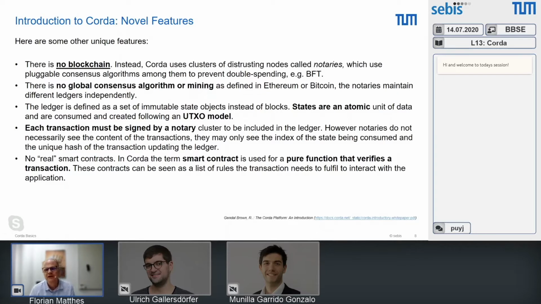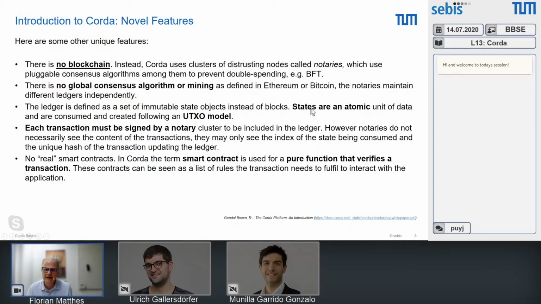So you can work with the current state of the system, which is the unspent transaction output in the Bitcoin model. And what's also important is that these states are atomic. You don't have a fragmented state; the state object captures everything that is relevant for these interacting applications.